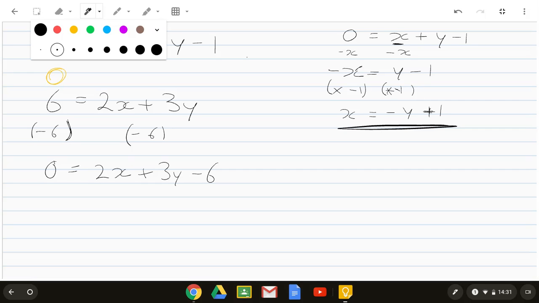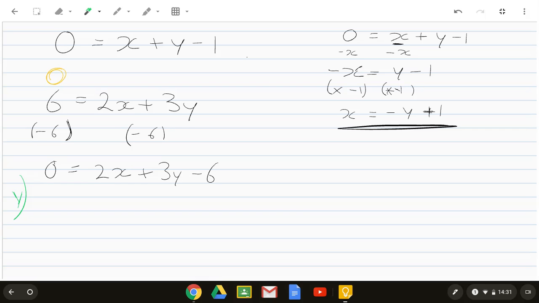Let's change this and we want to make the y the subject of our equation. So now I'm taking that same equation from where I am, and I want to get the y over to the left. So what I can do is subtract 3y from both sides.